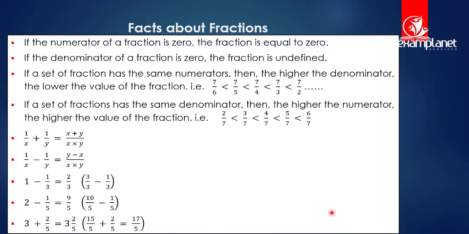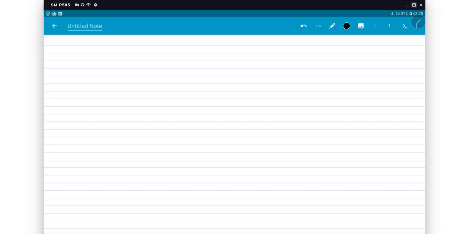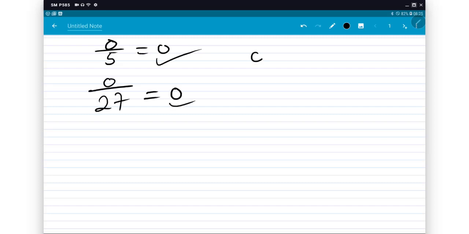Now we have facts about fractions. Number 1: if the numerator of a fraction is 0, the fraction is equal to 0. That is, 0 divided by anything is 0. So once you see the numerator as 0, just know that the result is 0; there's no need to waste your time. For instance, 0 divided by 5 is equal to 0. 0 divided by 27 is equal to 0. 0 divided by A is equal to 0.